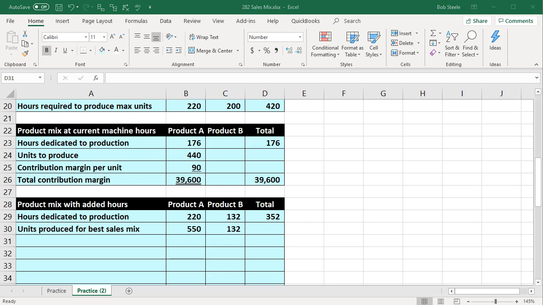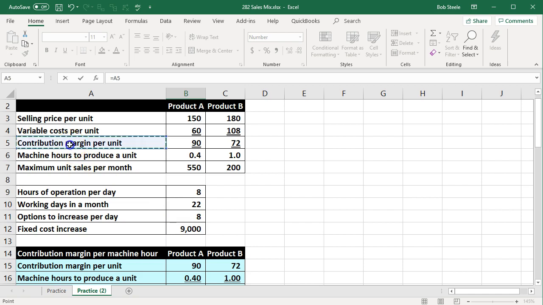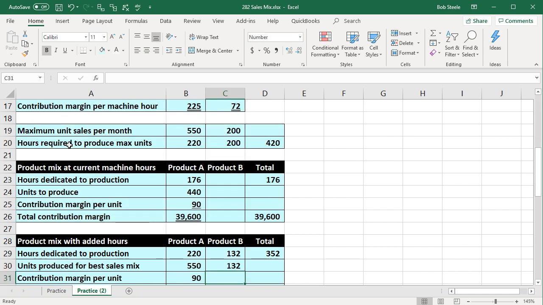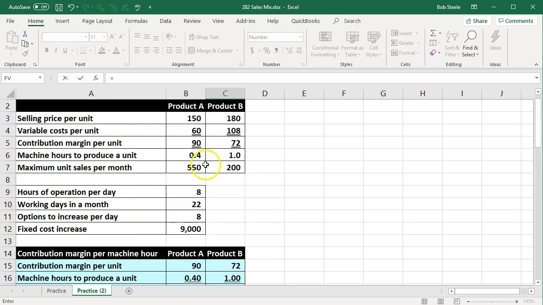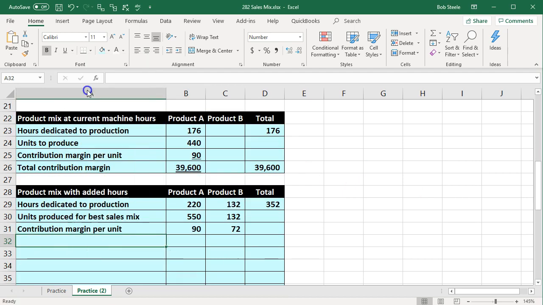Now we're going to say the contribution margin per unit is 90 and 72. And that'll give us the total contribution margin added.